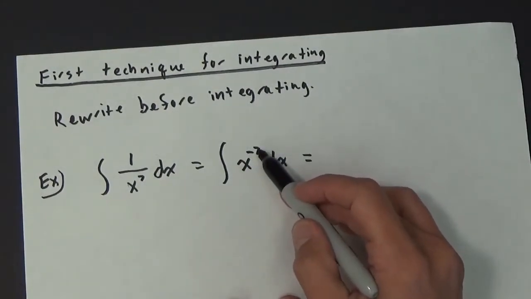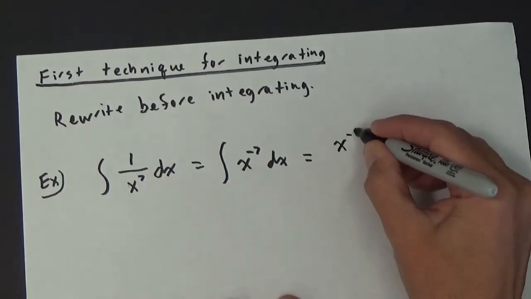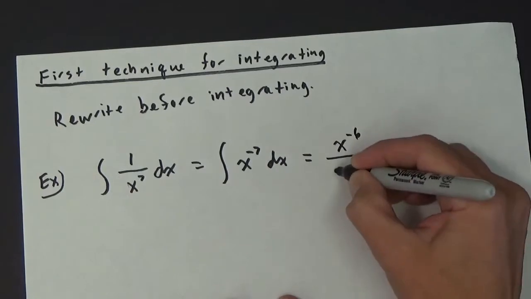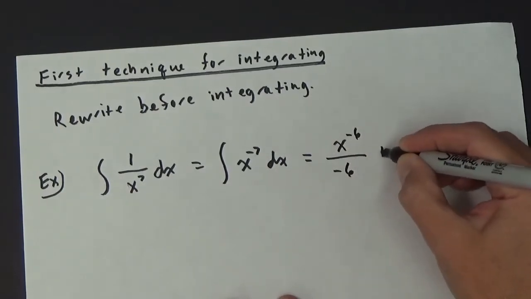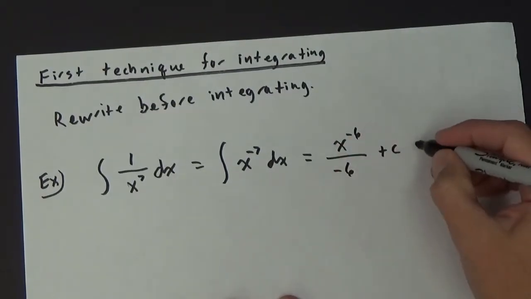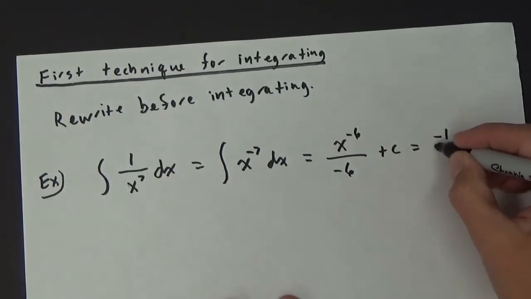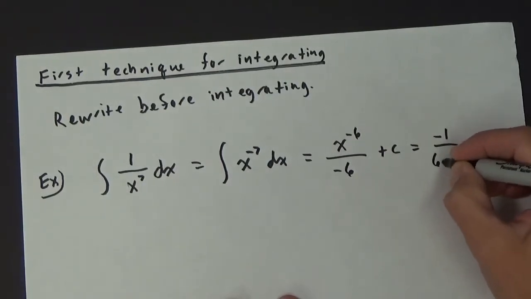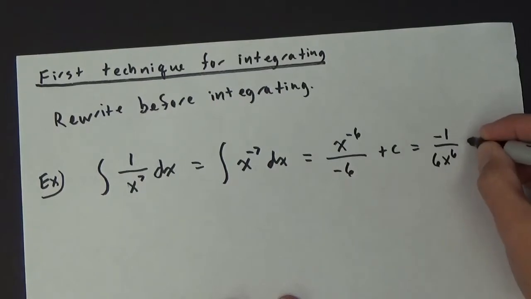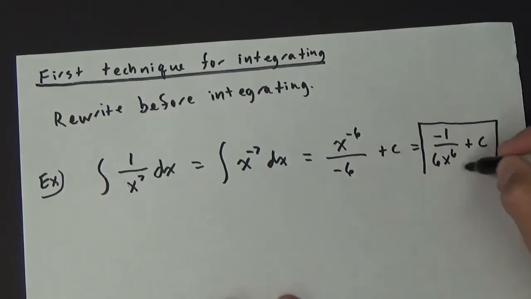So when we add 1 to negative 7, we get negative 6. So we have x to the negative 6, and then we divide by that number, negative 6, plus c. And then we can rewrite it again so we don't have the negative exponent. So we're going to have negative 1 over 6x to the 6th plus c. And there is our final antiderivative.